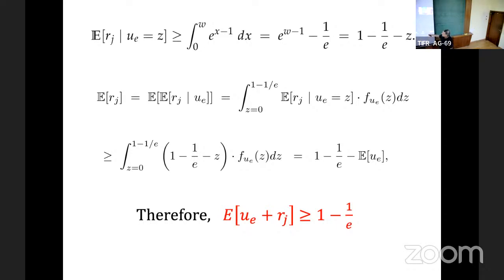Right here. This conditional expectation, having picked UE equal to Z, what values of Rj, Pj are there for which j is matched.